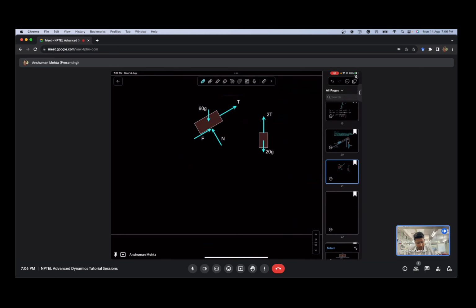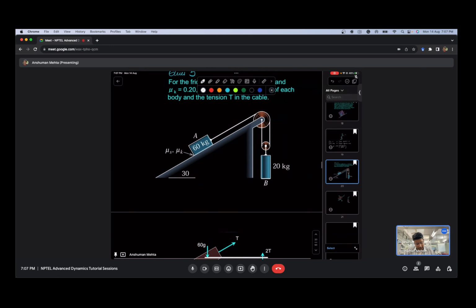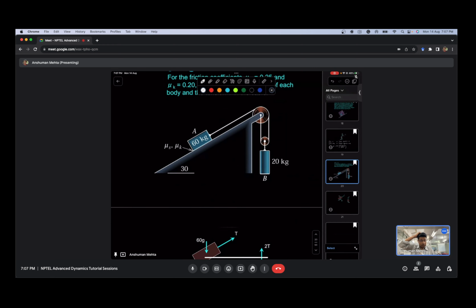First of all we will write out the constraint relations, so let's take the whole length to be L. So SA, then SB, SB again, plus C plus L.